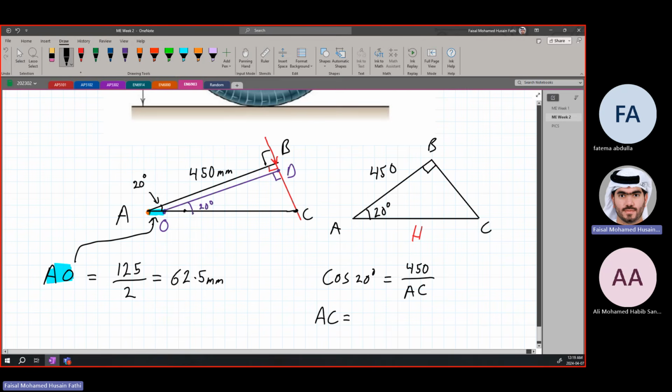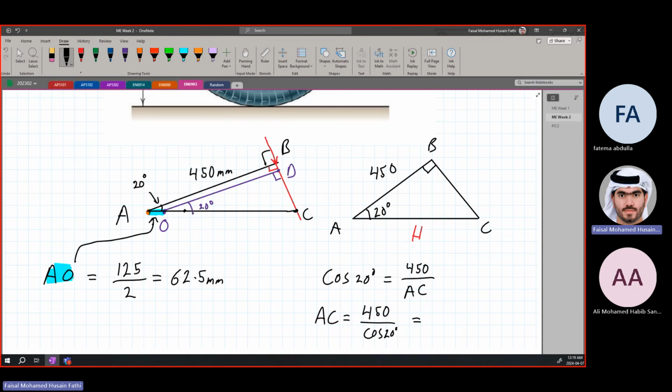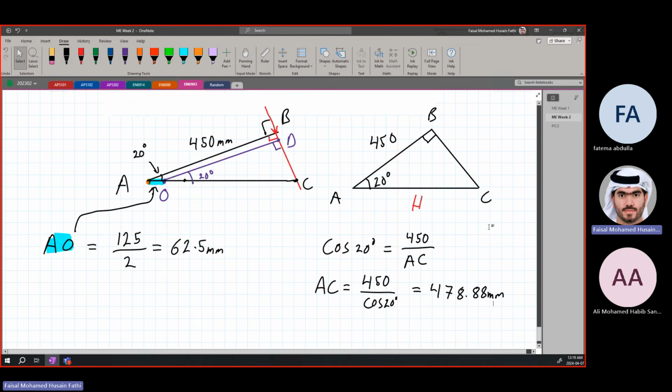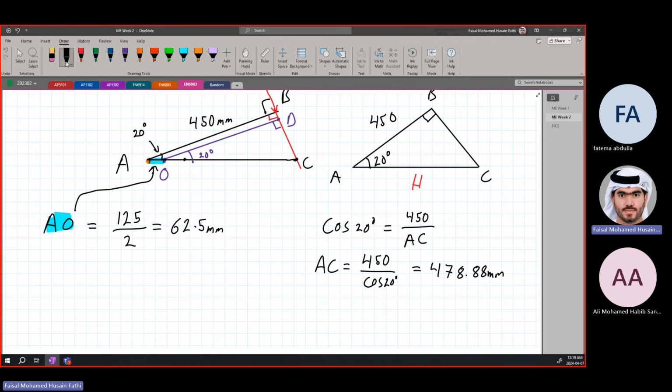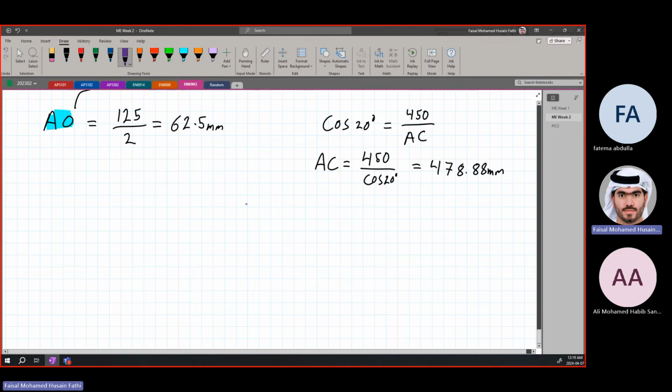That means AC is equal to 450 divided by cosine 20, which is 478.88. It's just a distance, so it's in millimeters. Now we found this full distance AC, and we have this distance AO. So now we're going to look at the smaller triangle.